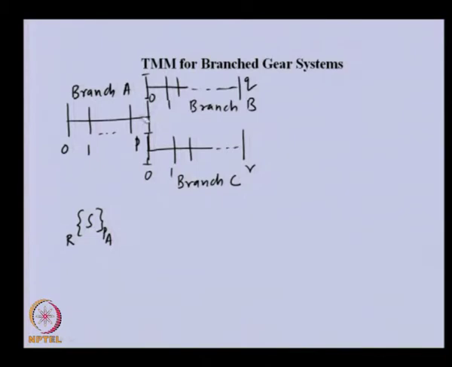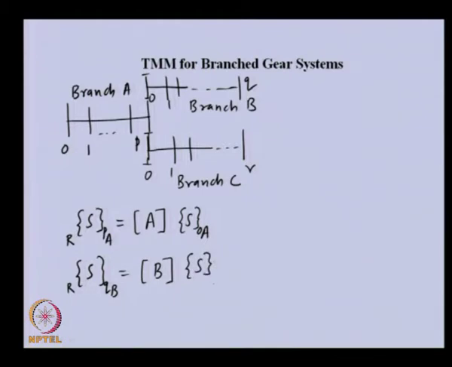We are relating this state vector with the state vector at 0 station, and let us say the overall transfer matrix for this is A. So, this is the state vector at 0 station of branch A. So, basically this equation is representing the whole branch A. A similar expression we can write for branch B. In this particular case, we have q number of things. So, this is equal to, let us say, the overall transfer matrix B, and this is the 0 station at branch B.